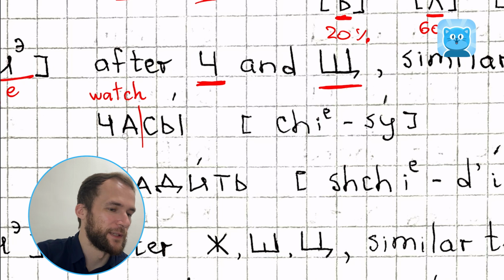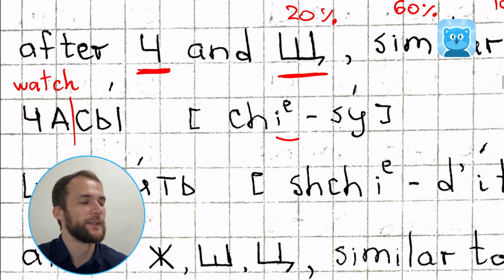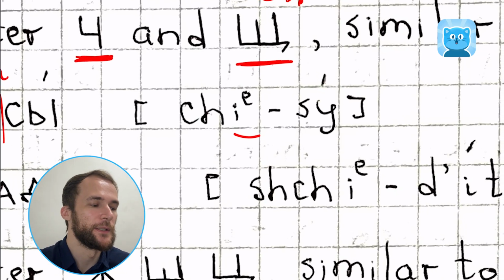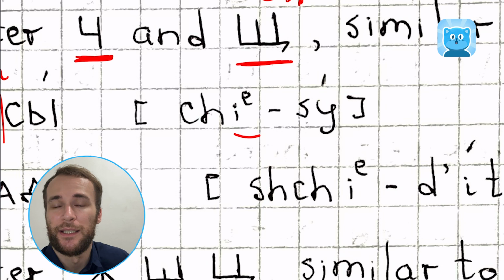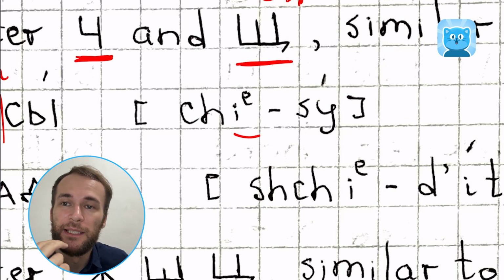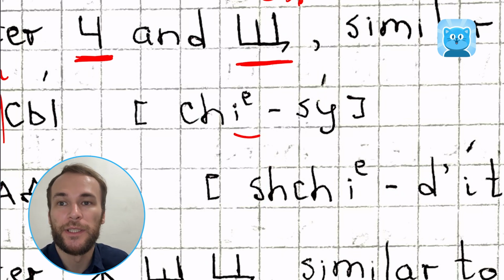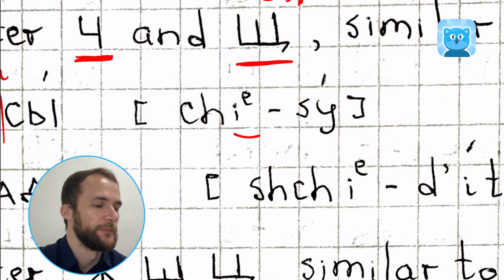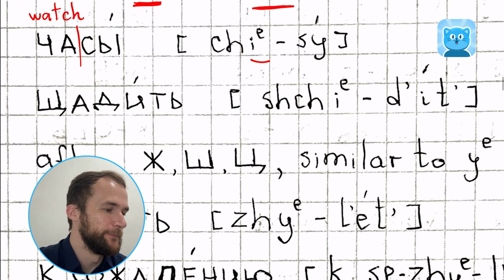So letter A will sound like I. So чи, si. It's not A, it's not часы, it's I. Часы. That's what it sounds like.